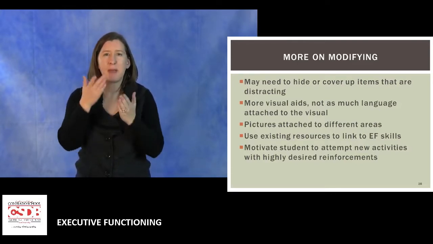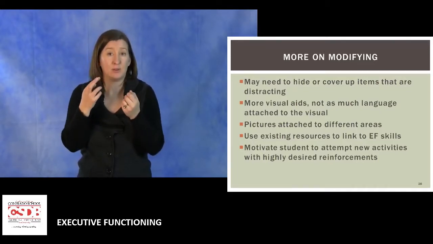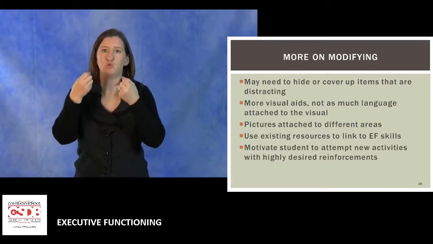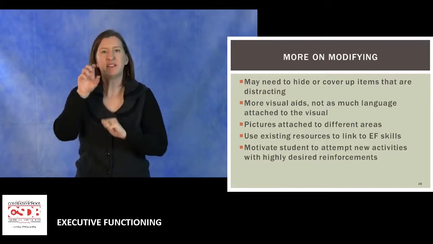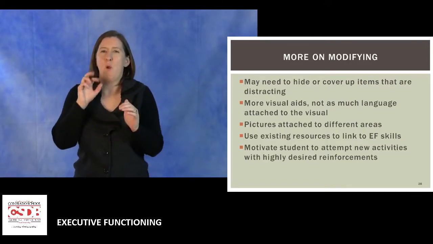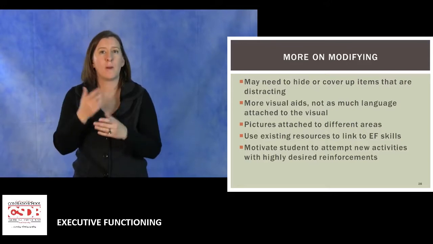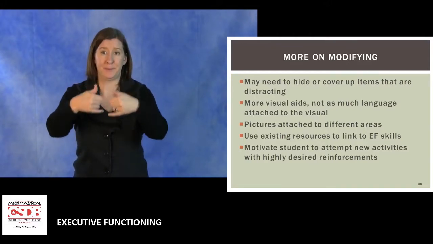For motivation, you might need to find something that will help them be motivated. Sometimes students with disabilities don't want to try something new because they're afraid or they're not interested. So maybe you'll have to encourage them with a reward.